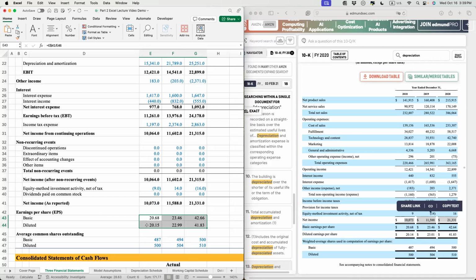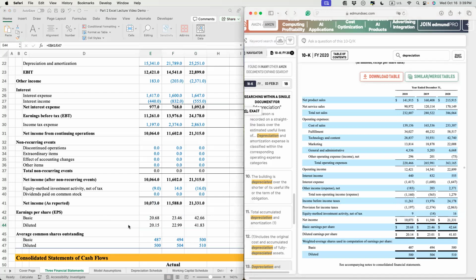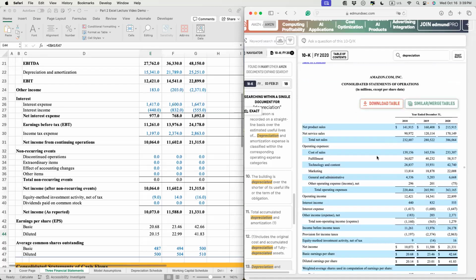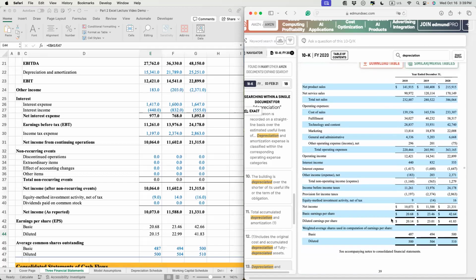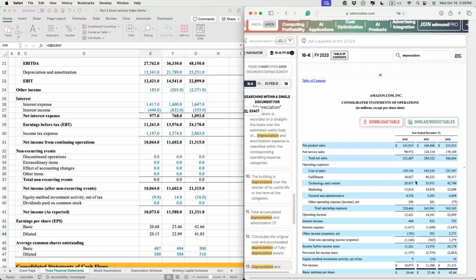And again, you can double check with the earnings per share from the 10K report, to see if it matched. Sometimes you're going to end up with some discrepancy like this one: $20.15 I calculated in my model, $20.14 in the 10K filing, which is fine because we input those values using the 10K filings, so technically we're ignoring everything after the decimal, like a 5. So there are some rounding discrepancies between the actual values.